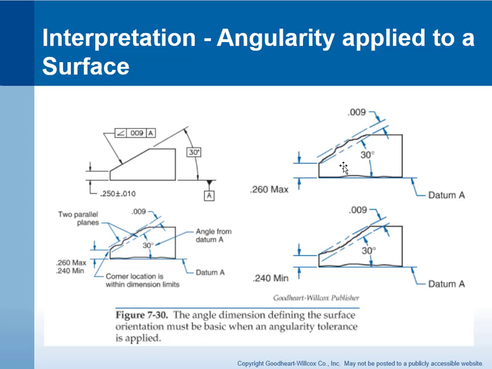That could be the maximum, and then based on that, I have my 9 thousandths parallel planes that establish the tolerance zone. The 30 degree here is perfect, so these two lines are based on this perfect 30 degree angle, and that's how we set up the tolerance zone on an angularity.